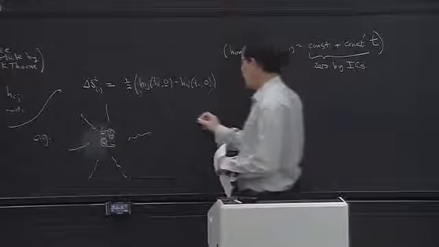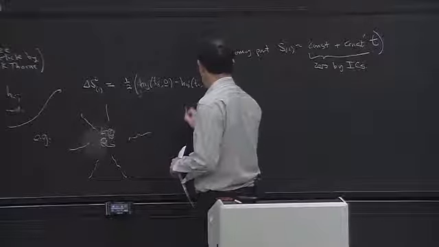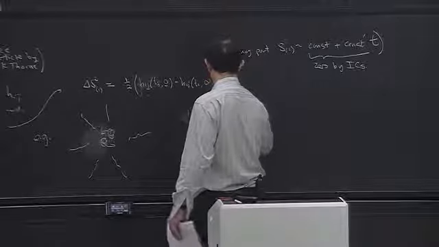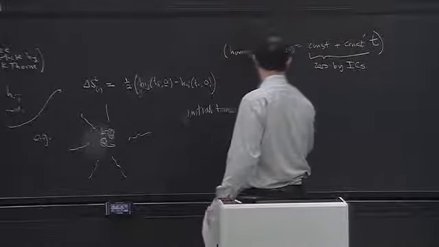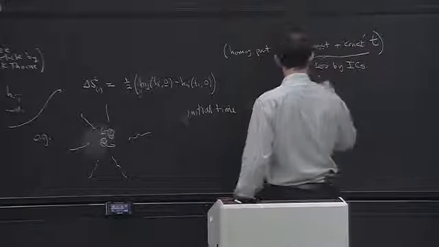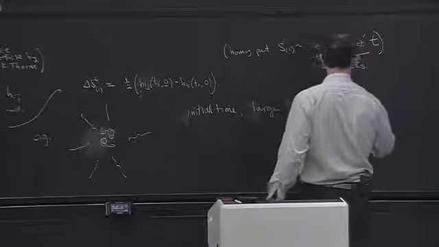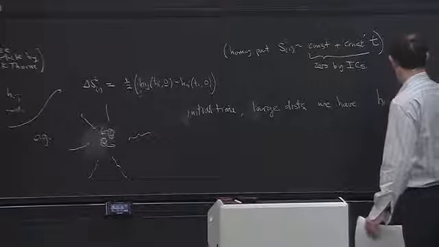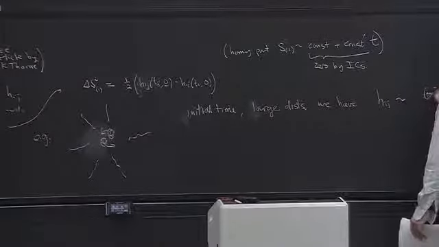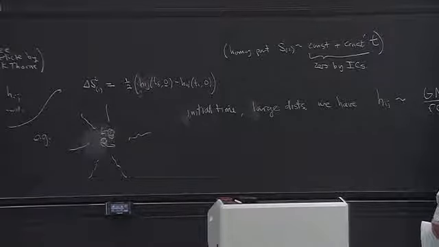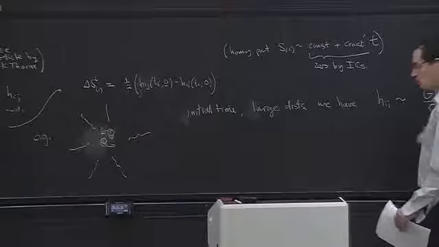Okay? So at early times, at T initial, at large distances, we have H_ij going like G M over R c squared times... yeah, I'm just going to write it like that.